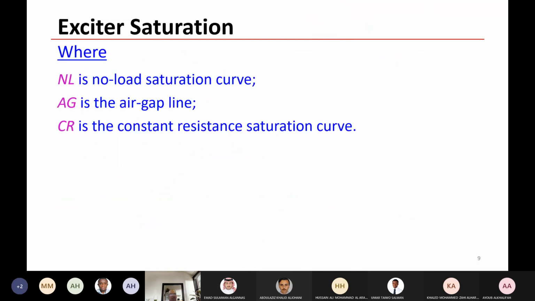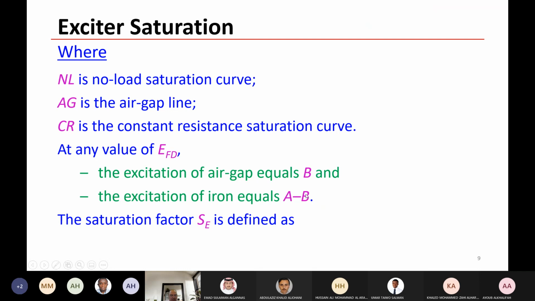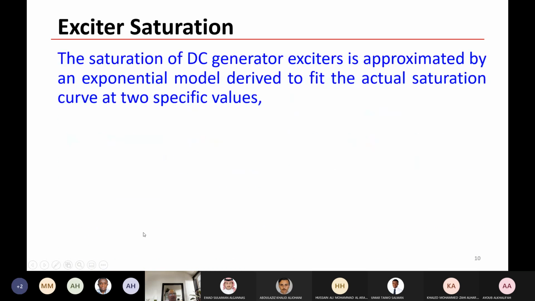With the no load air gap line and constant resistance, and if the excitation of the air gap, excitation of the iron equals this, the saturation SE is defined as a function of EFD, as the difference between with saturation minus without saturation over this. So SE is defined as such, and the saturation can be approximated by an exponential model.